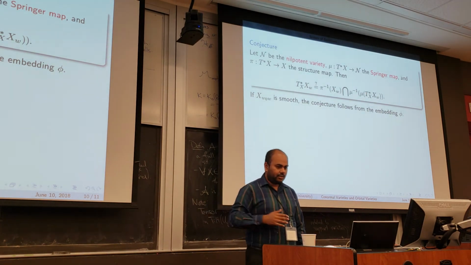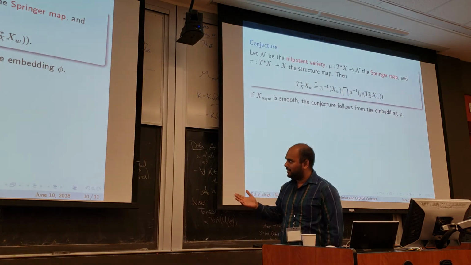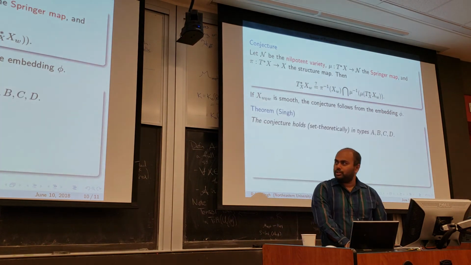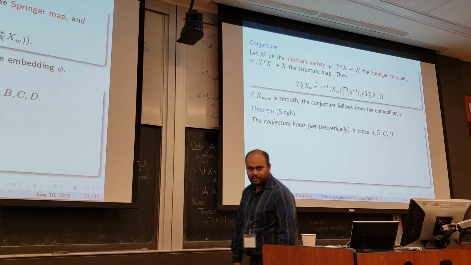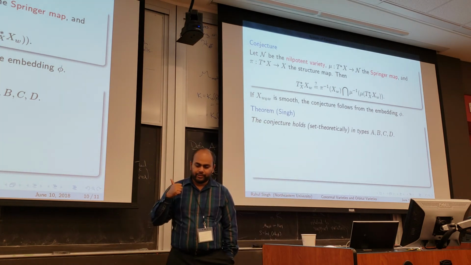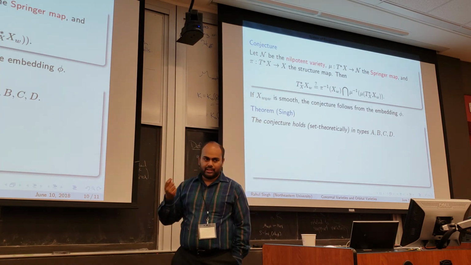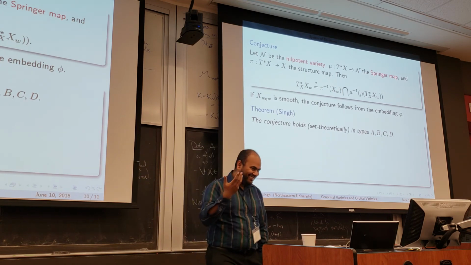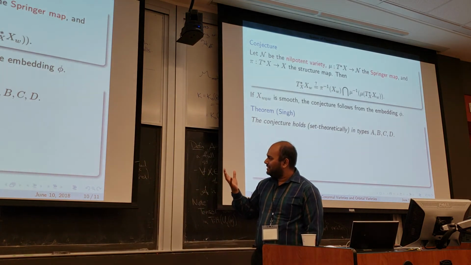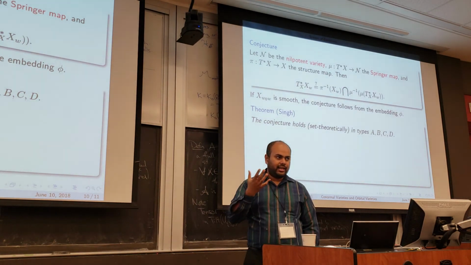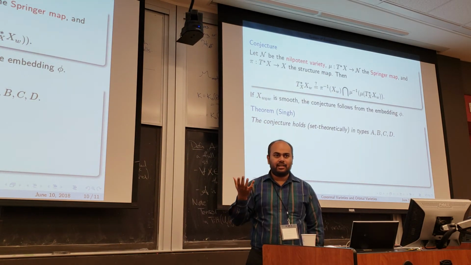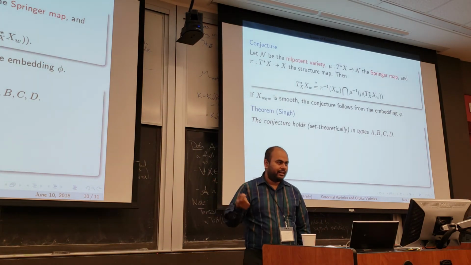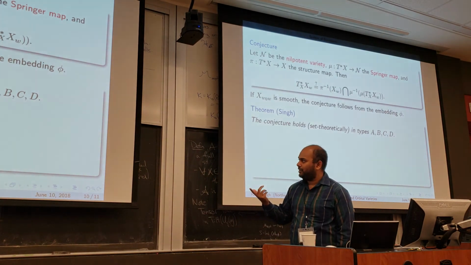And that is true, in a scheme theoretic sense. More generally, this holds set theoretically in all the classical types. And the proof is, again, a classical way of looking at these co-minuscule Grassmannians as precisely the Lagrangian Grassmannian or orthogonal Grassmannian, and doing it in that setting rather than in a type independent setting.